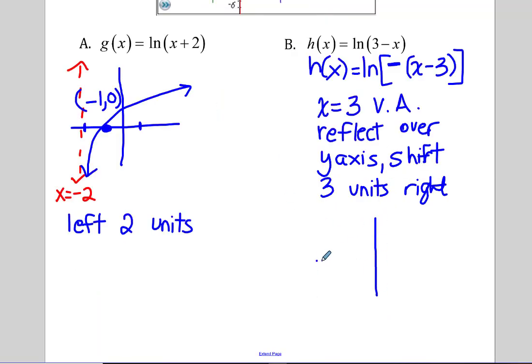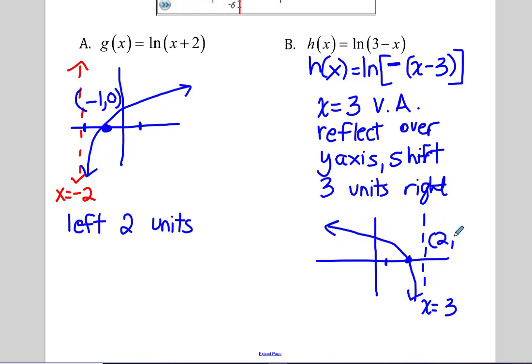So our graph has a vertical asymptote at x equals 3, and an x-intercept at (2, 0), 1, 2, 3, right? Okay.